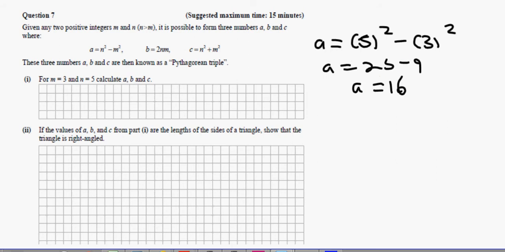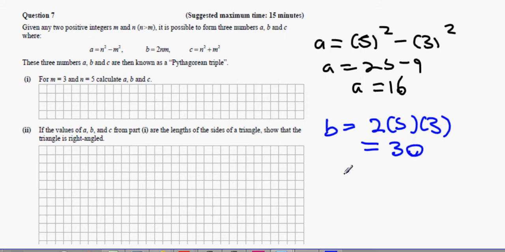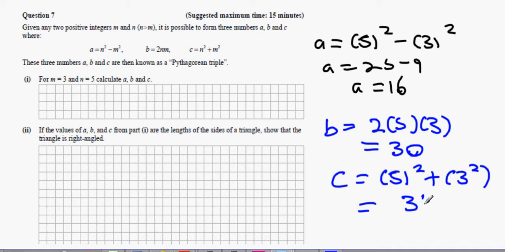The next one, b equals 2 multiplied by n multiplied by m, which is 2 multiplied by 5 multiplied by 3. Put that into the calculator, you get 30. B equals 30. And c equals n squared plus m squared, which is going to be 5 squared plus 3 squared. And what we get here is 25 plus 9, which is 34.